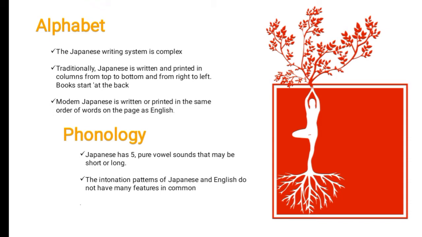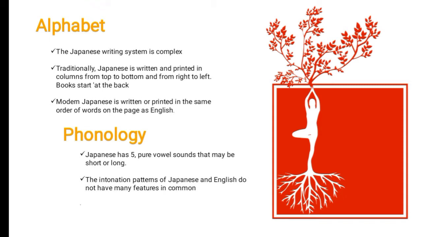Traditionally, Japanese is written and printed in columns from top to bottom and from right to left. Books start at the back. Modern Japanese is written or printed in the same order of words on the page as English.